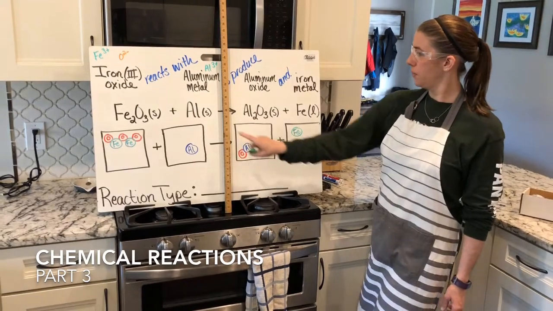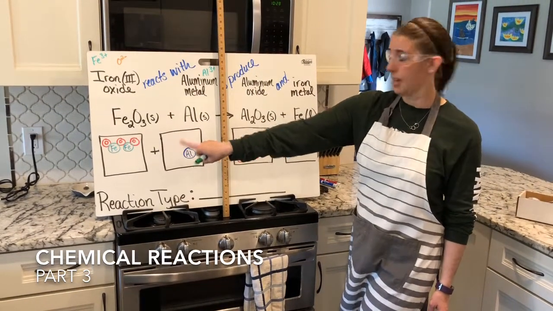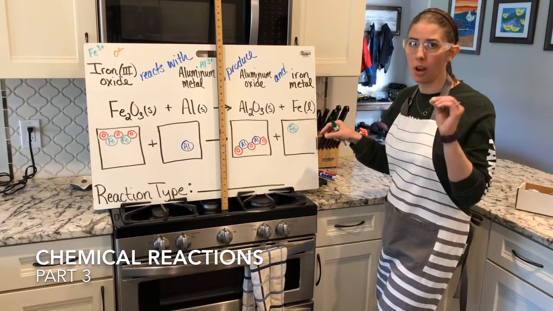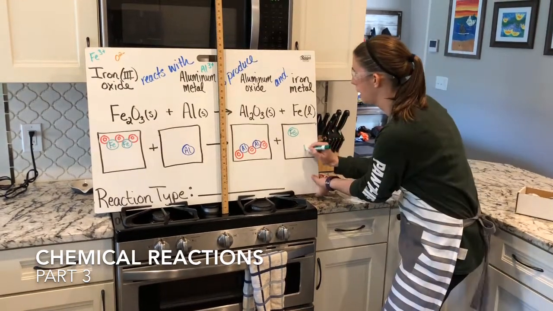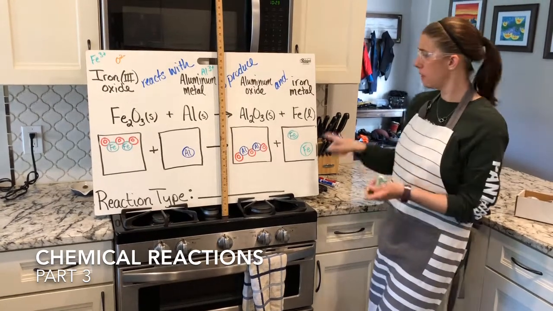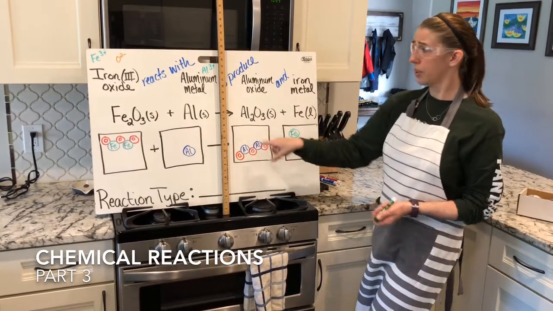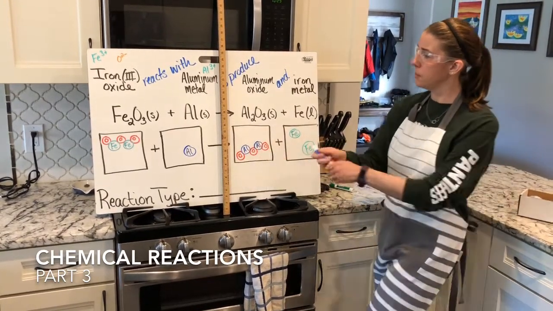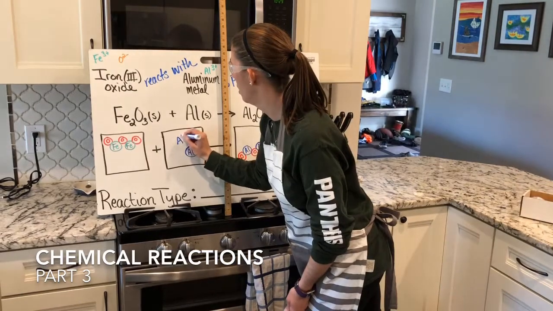So if I have two irons on that side, I'm gonna need another one over here. Iron's not diatomic, so don't draw it touching together. It's a separate Fe. So now my Fe's are balanced. My O's are good, 3 and 3. And if I have two aluminums, then I'm gonna need another aluminum over here.